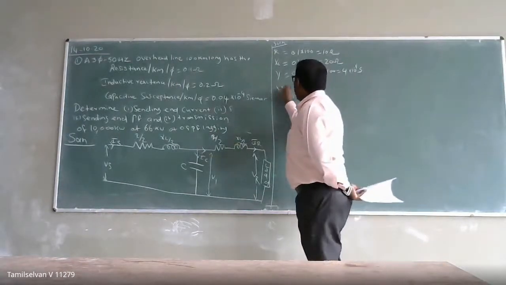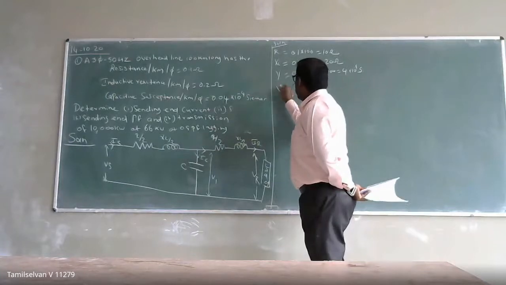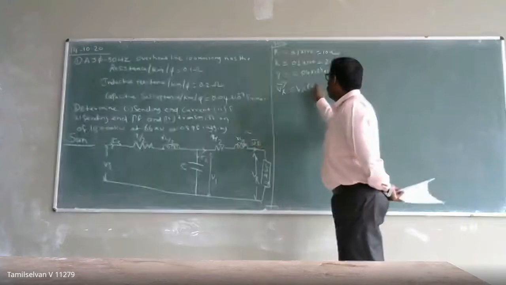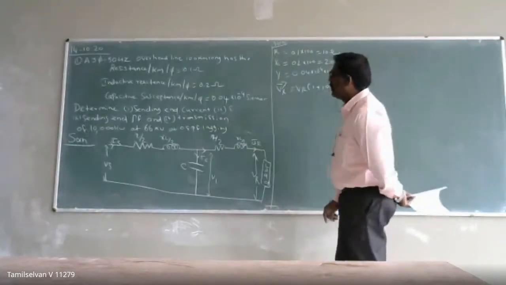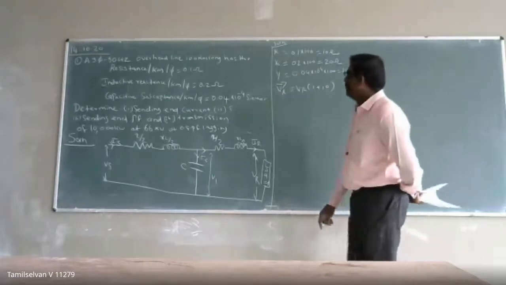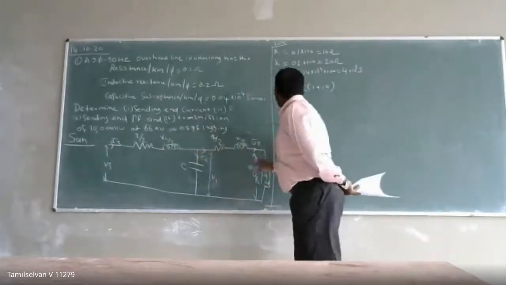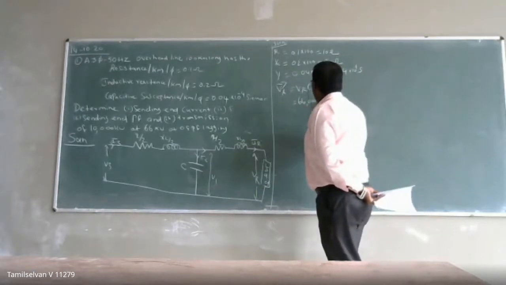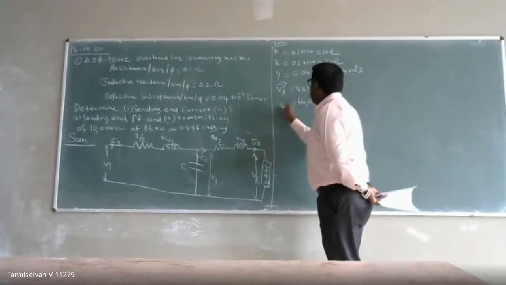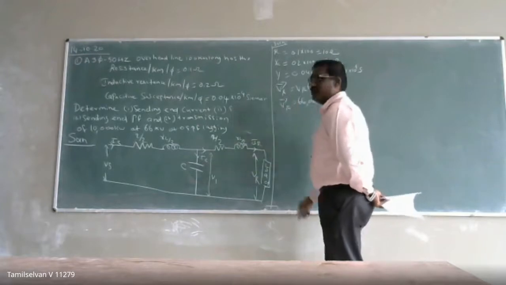Here the VR vector is VR into (1 plus j0). The voltage given is 66 kilovolts, which is 66,000 into (1 plus j0), that is my VR vector.